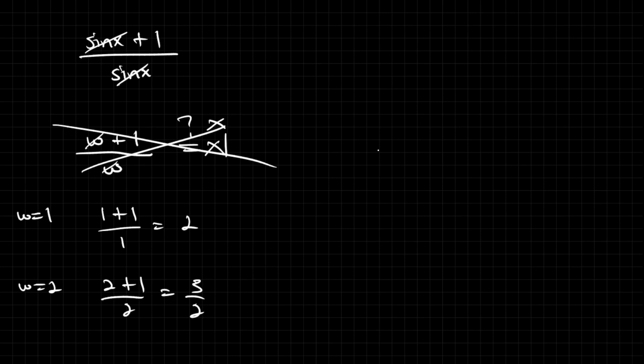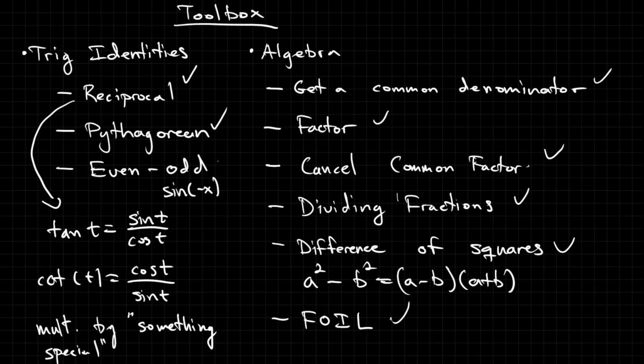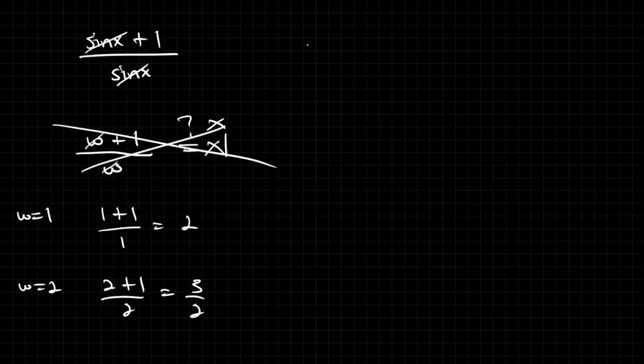This gives you a way to go ahead and ask yourself, is this identity, is this thing that I'm writing, true? But in order for it to be useful, you have to be, let's say, on guard about your algebra. I remember one time in calculus, I was tempted to say 1 over x plus y was 1 over x plus 1 over y. And I thought to myself, is this true?